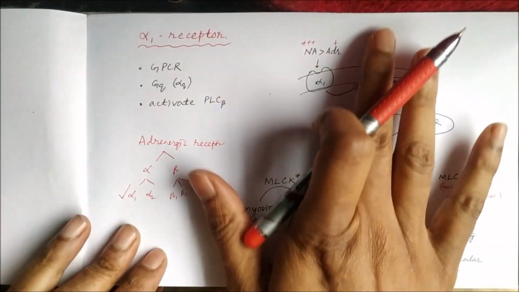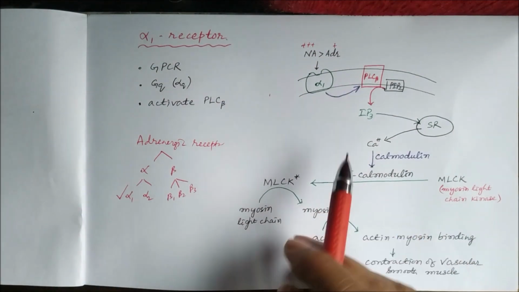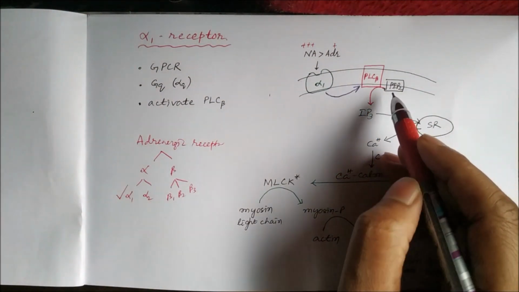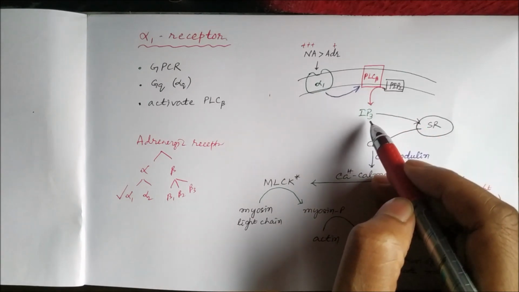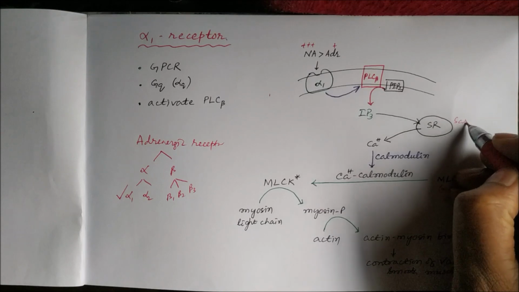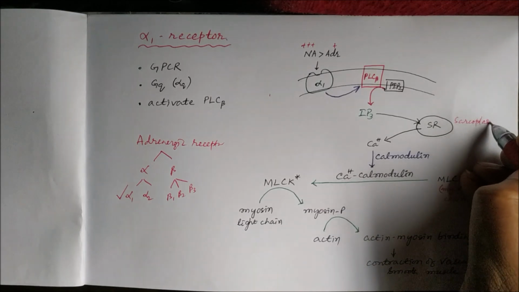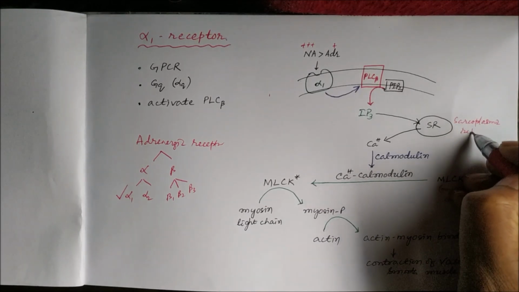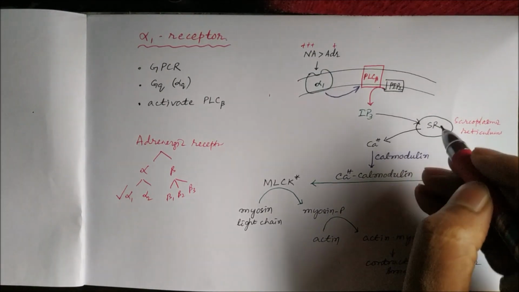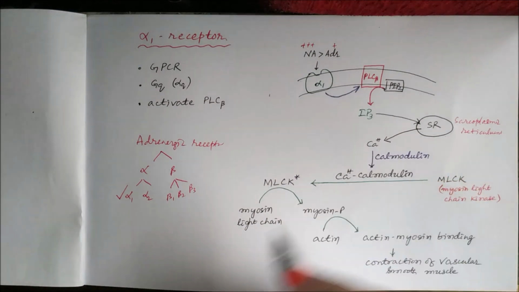So when the alpha 1 receptor is activated by an agonist, IP3 is formed, and IP3 acts on the sarcoplasmic reticulum to release calcium from its calcium stores.